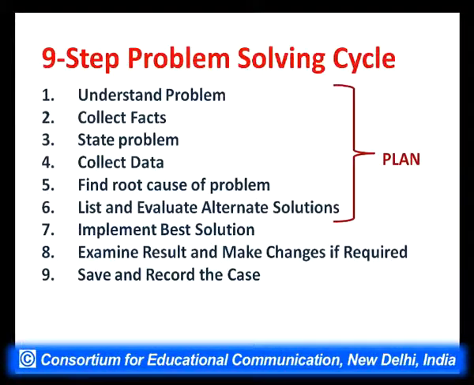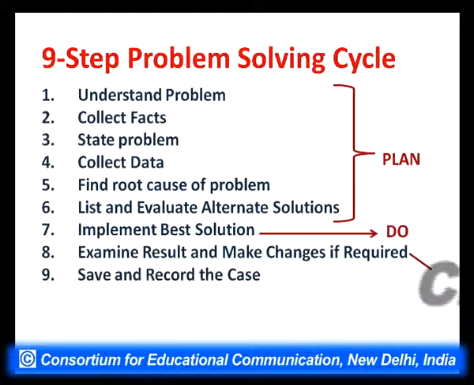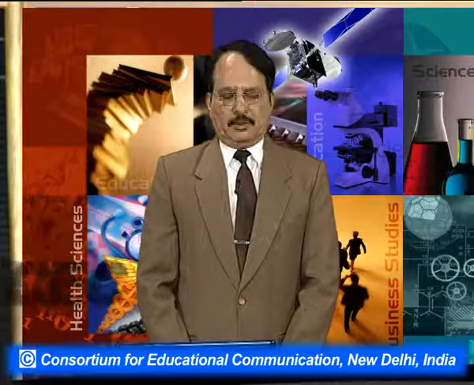Planning I have taken from the PDCA cycle. All these 6 items cover the planning part. And the next, implement best solution, is the do part, plan, do, and next, examine result and make changes if required, is the check and act part.